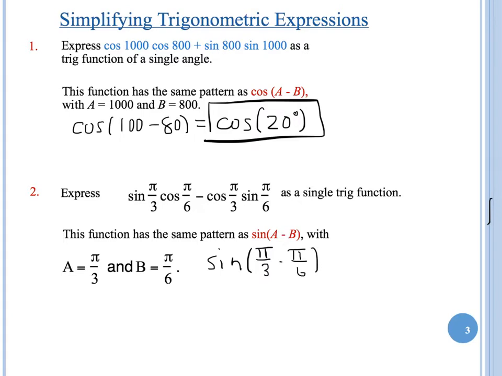And since those are 2 radians, I can subtract pi over 3 and pi over 6. I just need a common denominator. And so I need to get both of them into the denominator of 6. So that would be sine of 2 pi over 6 minus pi over 6, which would ultimately give us the sine of pi over 6 as our final.